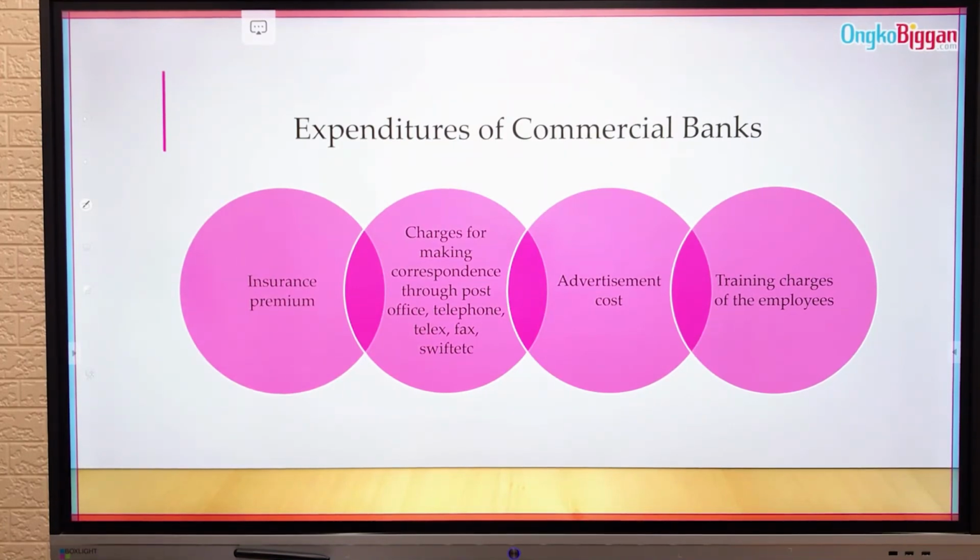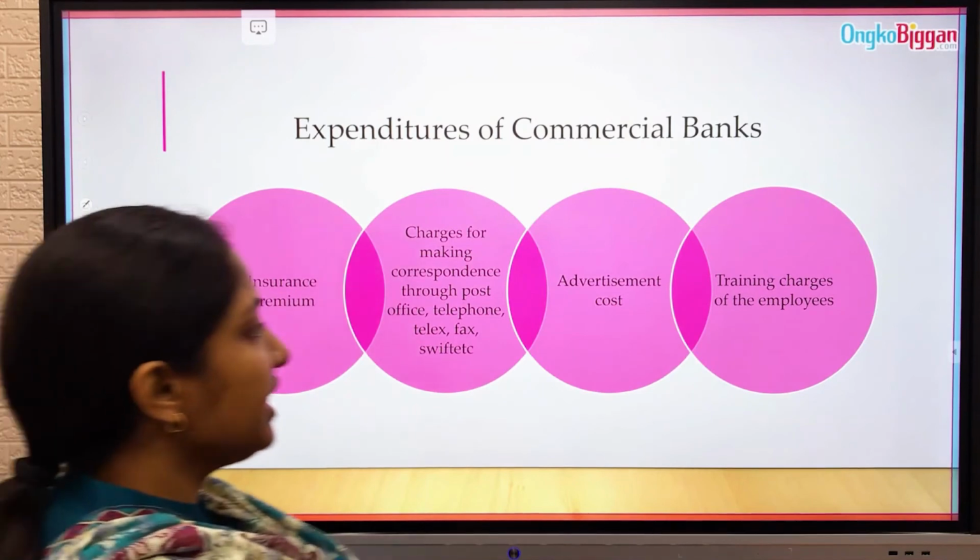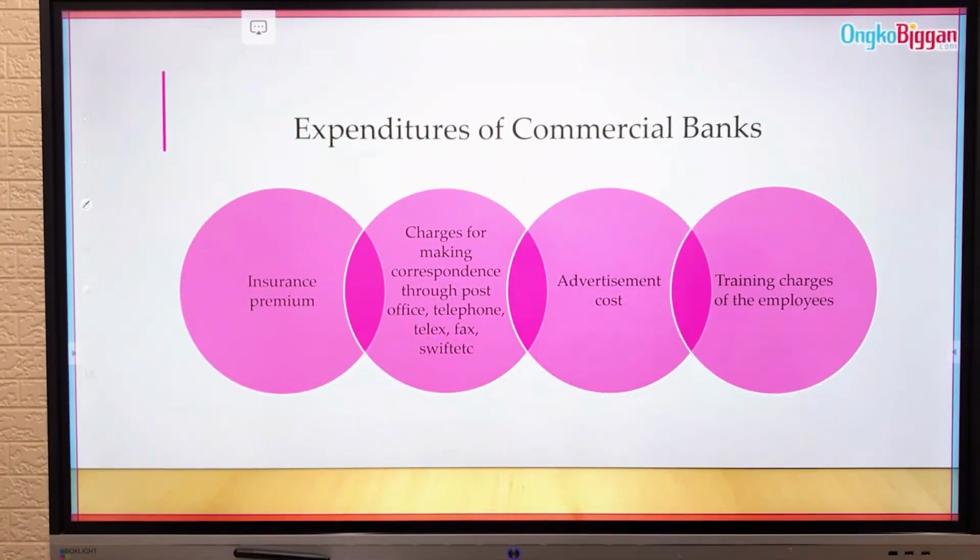Also, they will know your salary policy, loan policy, depository policy, and what you are following under the central bank's regulations, so that they can work inside your bank properly. Whenever you train your employees, you have to pay some money. So this is also called an expenditure of the commercial banks.